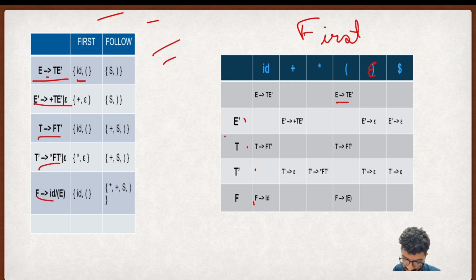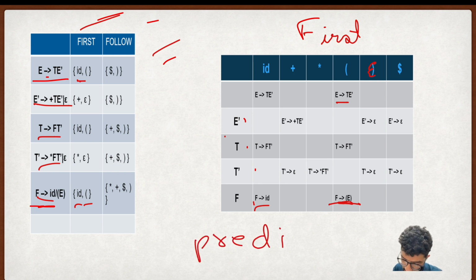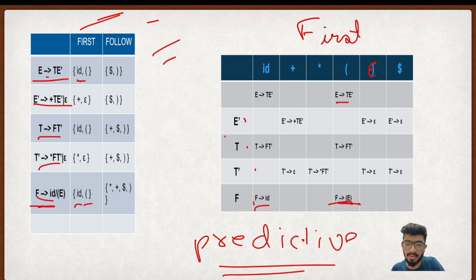For example, for F tends to ID or open parenthesis E closed parenthesis, everywhere in the first function we give ID and open parenthesis. So we are solving for everything, and the predictive parser table is solved, and then you can have the correct answer. This is how the predictive parsing table works.